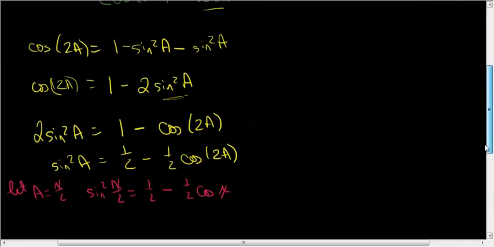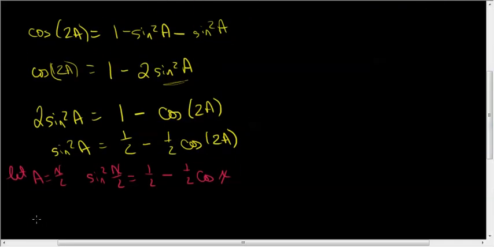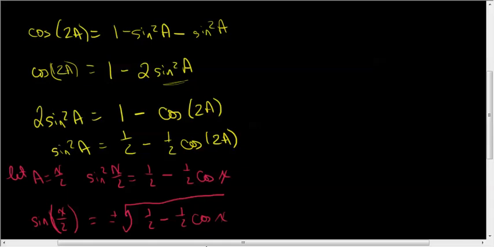So finally, I think I'm going to run out of space here. Sine of x over 2, the sine of the half angle, is equal to plus or minus the square root of 1/2 minus 1/2 cosine x.